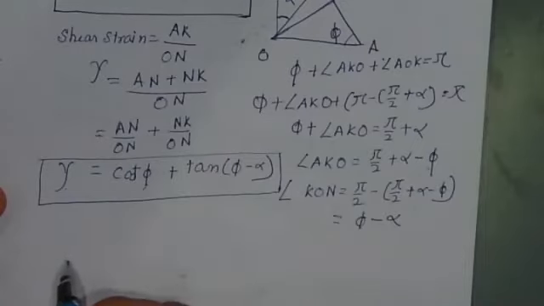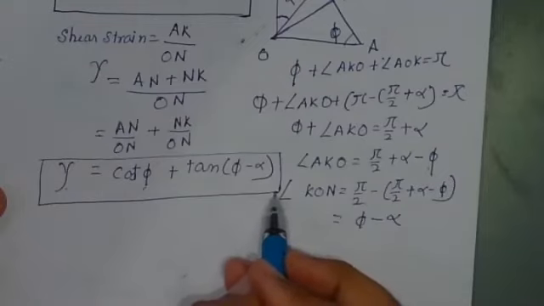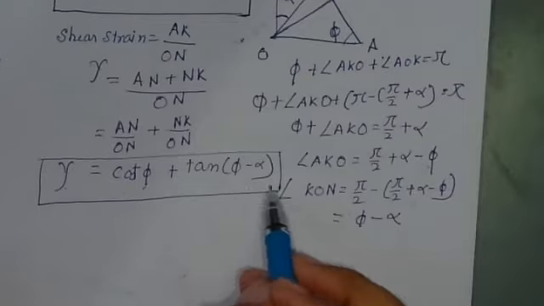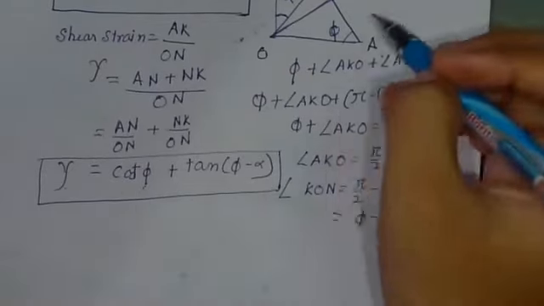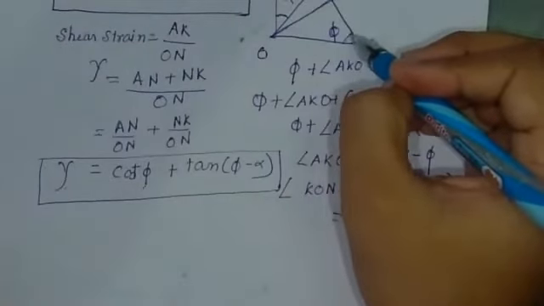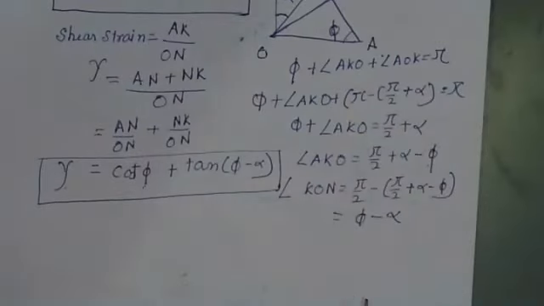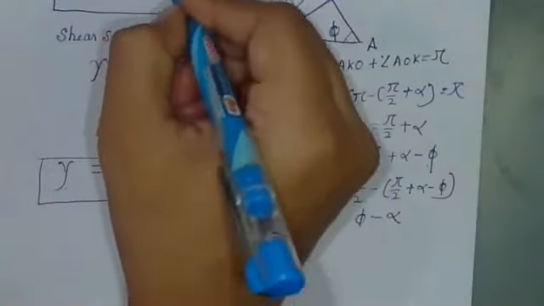Although the relationship is a bit complex and we need further mathematical derivations in order to determine how phi and alpha depend. But in most cases, if you increase this phi, the shear angle, the shear strain will reduce.